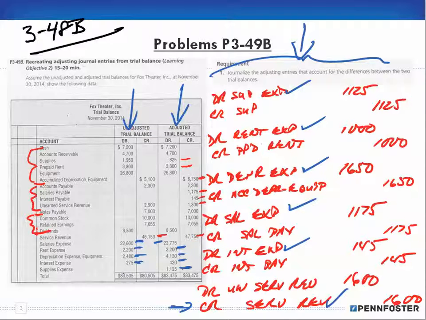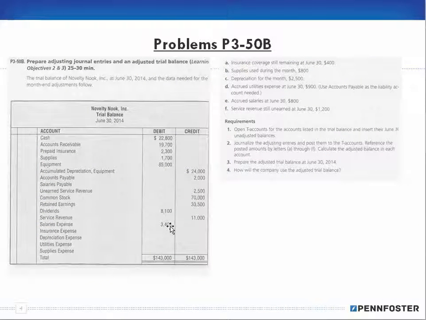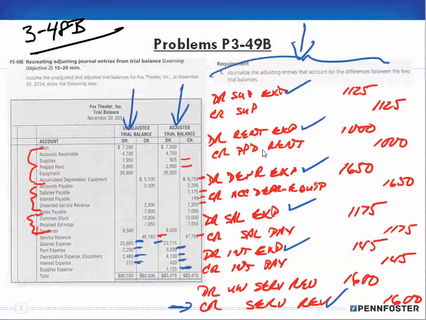This one is relatively short, so I'm going to keep it that way, because the next problem, 50, has opening key accounts, journalizing, and preparing a trial balance, so that's going to be a little bit longer video. Again, go back to problem 3-48B to get a feel for the more common adjusting entries, which is exactly what we had here.